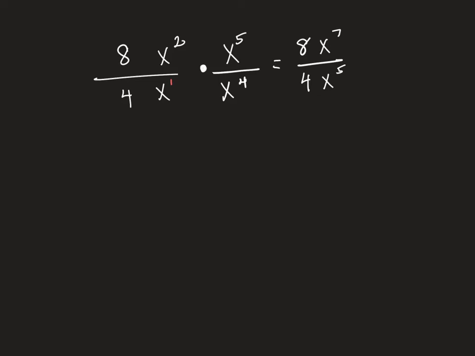All right, now I'm going to look how I can simplify this. So if I have 8/4, that would simplify to 2 over 1, or just 2 as a whole number. So I'd be left with 2 in the numerator. If I have 7 x's and then I have 5 x's, remember that they're going to cross off.